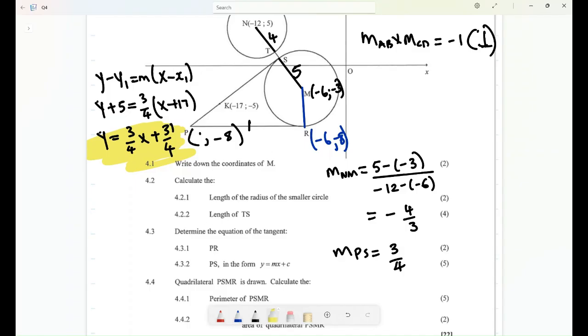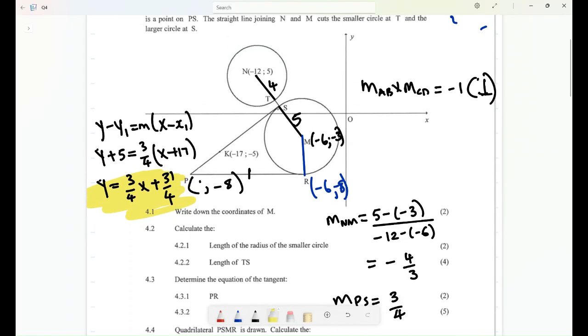Okay, you can also say from N to S it is 5 units, right? So if this is the midpoint, remember this is 1, right? So from here to here it is 5, from here to here it is 5. So it means this one is a midpoint between these two.